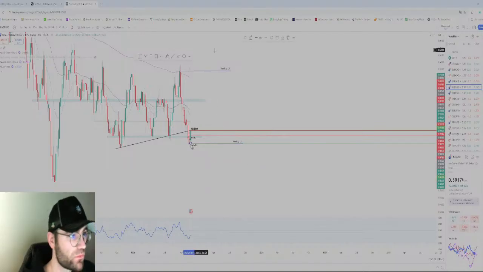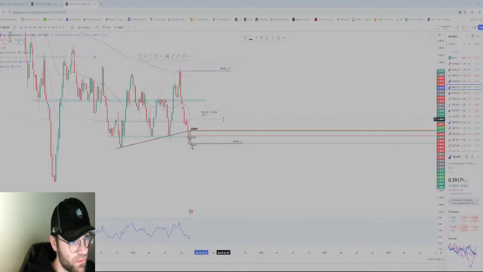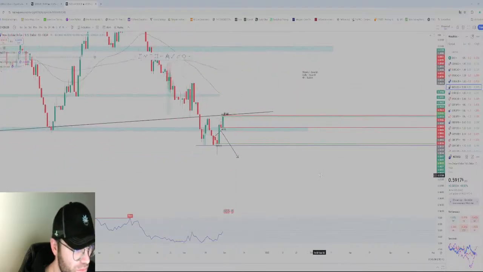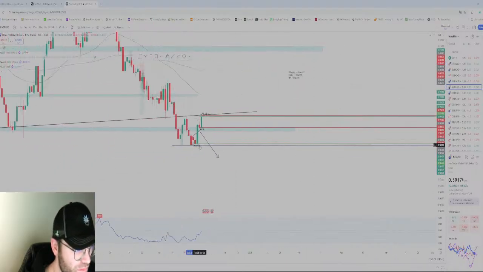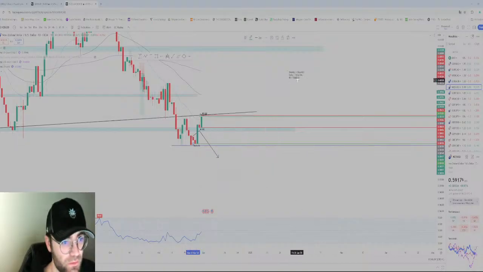Weekly is bearish. Let's just note it. Daily is, wait, that daily is bearish. Four hours bullish. Yeah. Oh no, I didn't change it yet. This needs to be higher low. Daily is bullish.